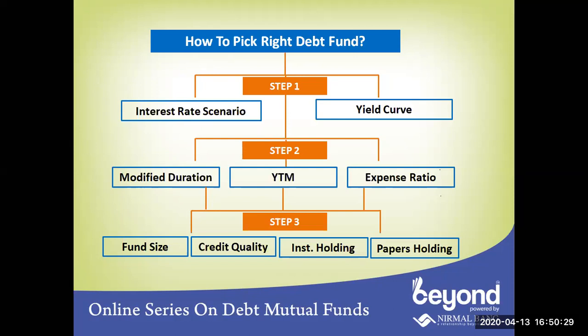And when we do the analysis on paper holding, the second most important thing is the concentration of that particular paper. We evaluate that funds shouldn't be overweight on one particular paper, which we have seen in recent defaults, where the fund's credit exposure in a particular paper was around 9% or 10%.